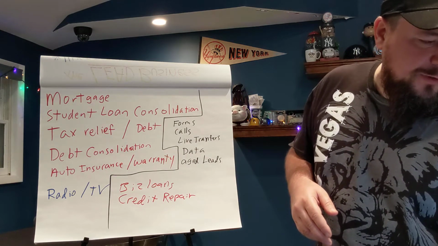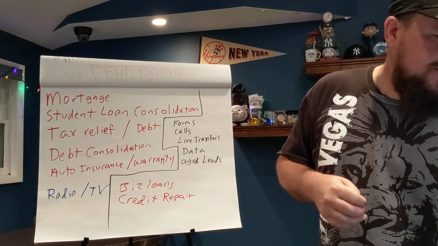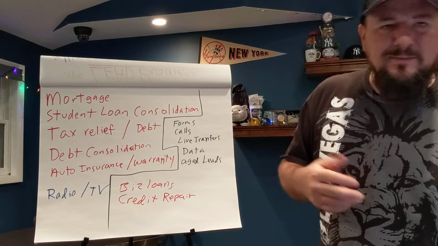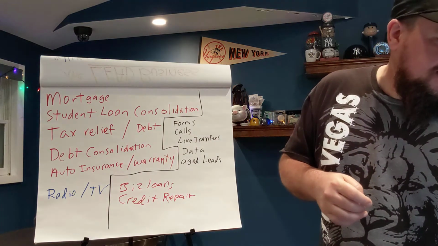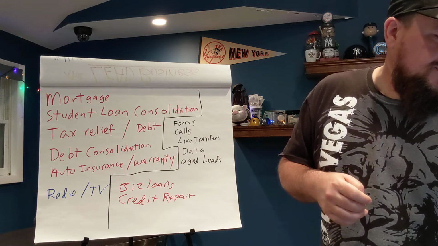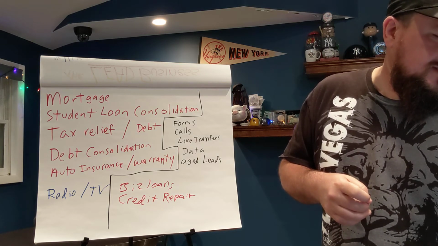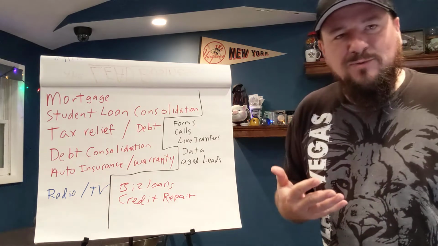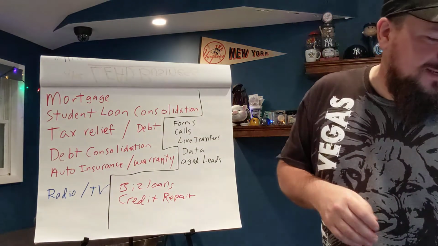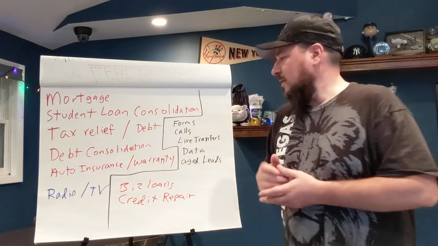For the radio and TV, they have credit card debt settlement, final expense, which is a pretty big vertical, health insurance, mortgage, pain relief, rehab, reverse mortgage, student loan consolidation, and tax. They call it tax resolution, right? Sometimes there are different names for this stuff. So those are different verticals that you can get involved in.